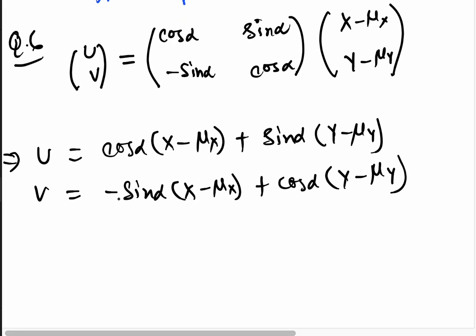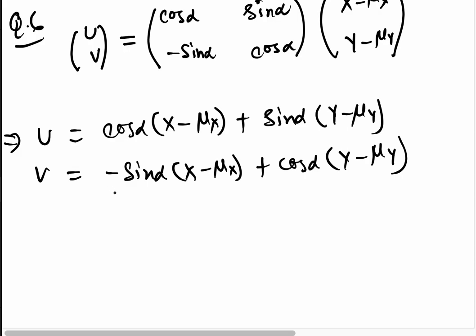Now we have to check the independence condition of u and v, that is, for which values of alpha these u and v are independent. So let's calculate that.